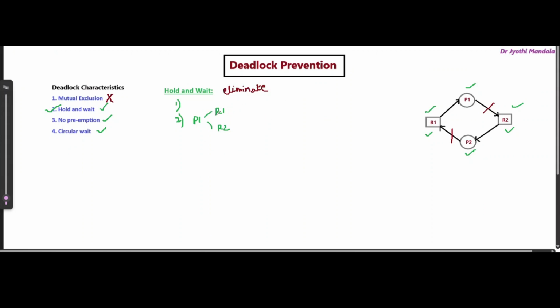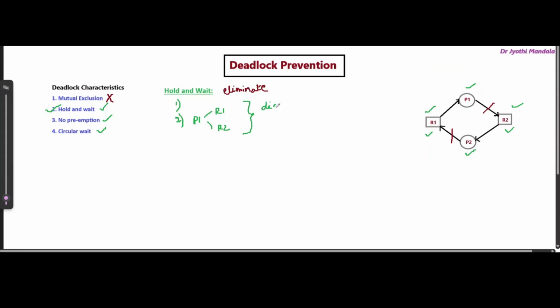It cannot take one resource, hold it, and wait for the other resource. The process has to request all the resources at once, and if both are available, then only it can start the execution. I hope it is clear. So these two approaches are given to eliminate hold and wait, but they have some disadvantages.